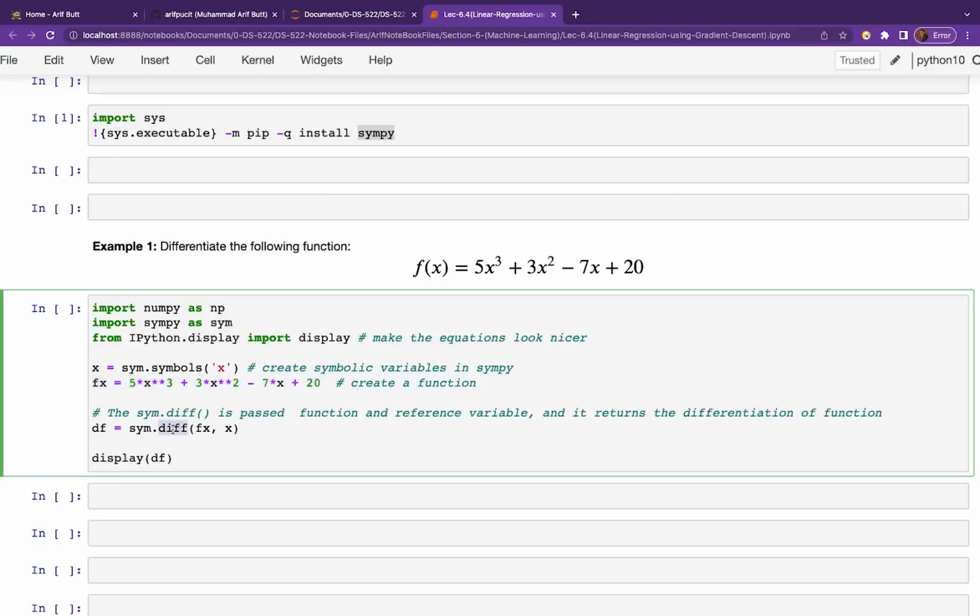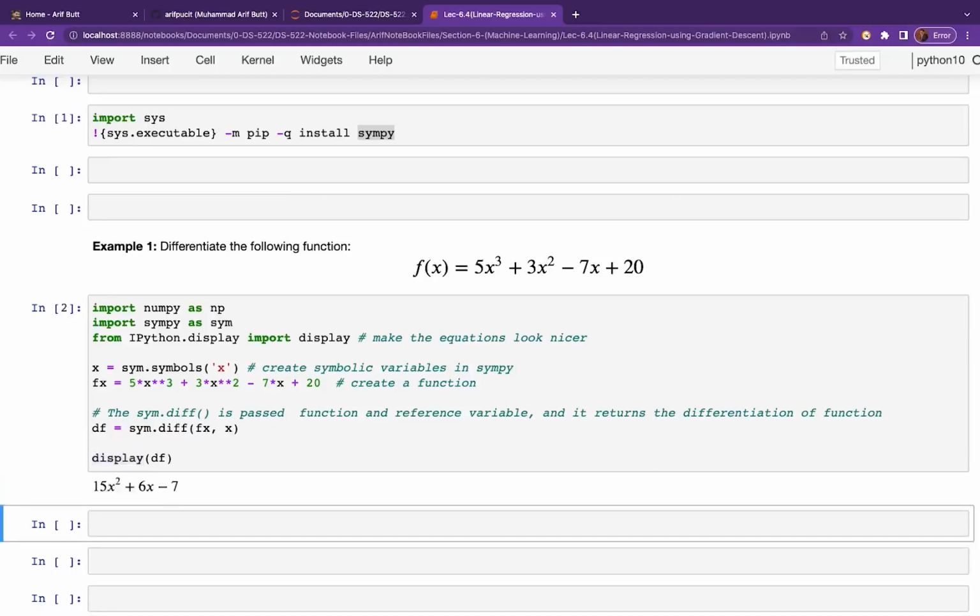Finally, the diff method of SymPy is passed the function and the symbol with respect to which you want to differentiate the function. So this is the function and this is the symbol with which I want to differentiate, and I get the differentiated function in this df, and then I use the display method of the IPython display module to display it.